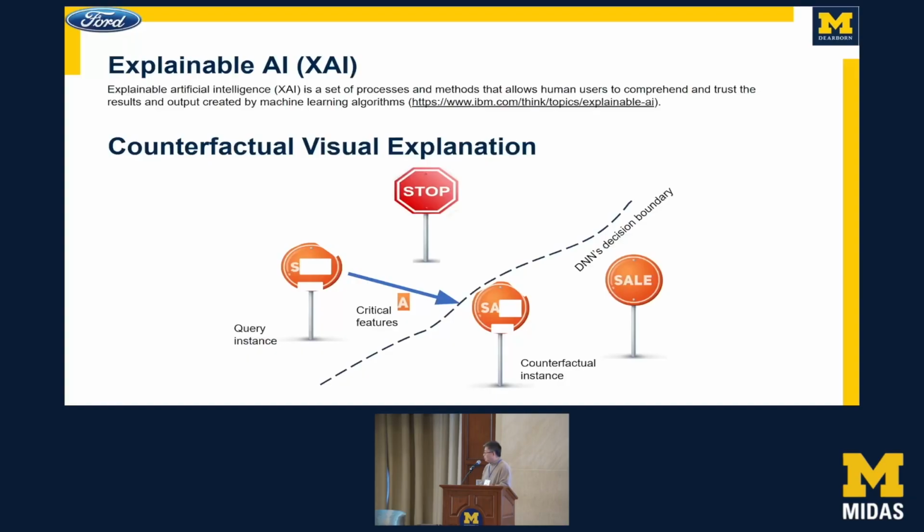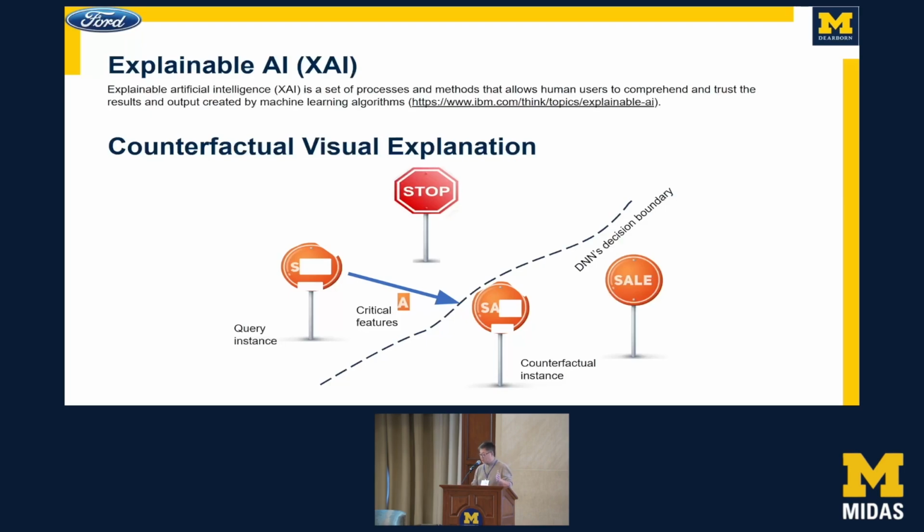This belongs to explainable AI. Our concept is to push the sign to the boundary. On the boundary, on the left side the machine learning thinks it is a stop sign, and on the right side it is another sign, a sale sign.